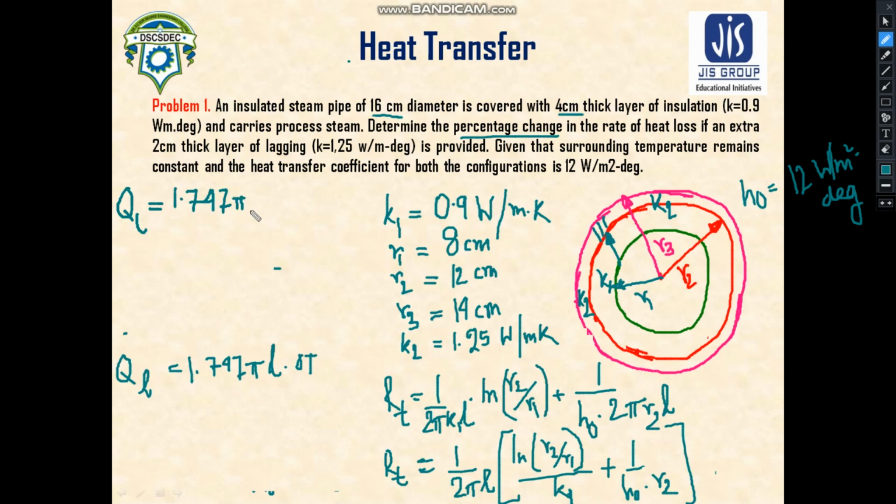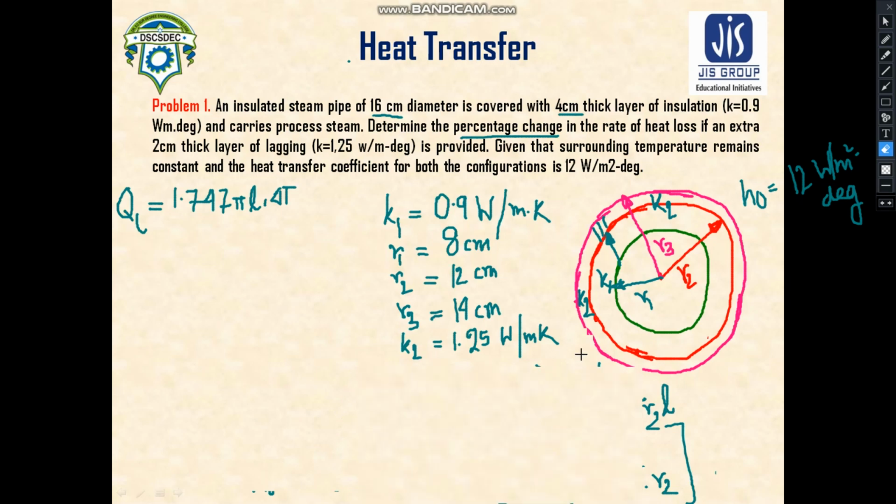After rewriting it, let us see how we can calculate the thermal resistances for the second case. Here I have already mentioned that there will be two separate thermal conductive resistances, and the third one will be of the convective type.